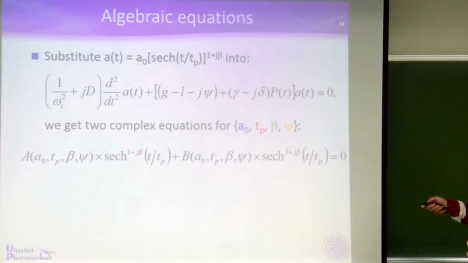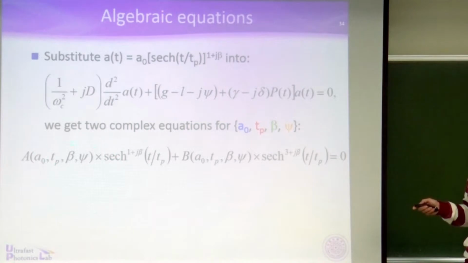Either related to sech to the power of 1 or sech to the power of 3. But previously, you had no imaginary part. Now you have. So either sech to the 1 plus j beta or sech to the 3 plus j beta. It's a generalization. But only 2 possibilities.